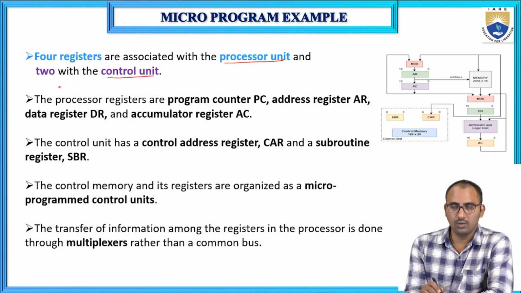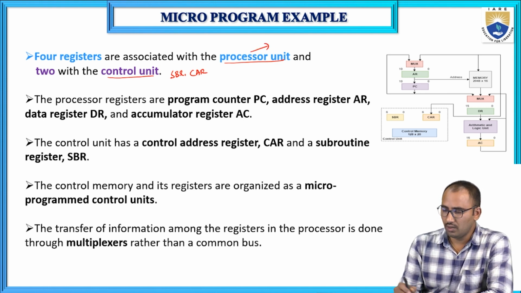The 2 registers are SBR, the subroutine register, and CAR. And with the processor unit, 4 registers are associated: the address register, program counter, data register, and accumulator.